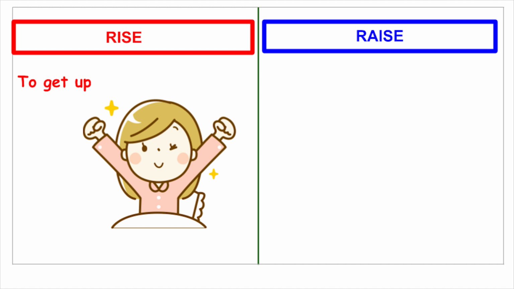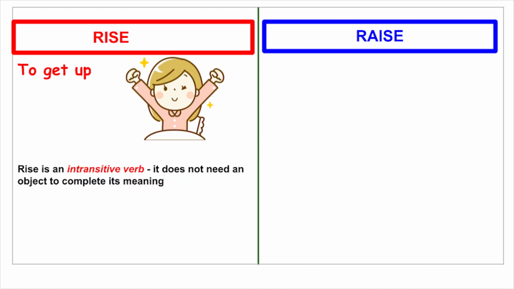Rise means to get up. It is an intransitive verb, which means it does not need an object to complete its meaning. It may, however, have an adverbial phrase or a prepositional phrase. An object usually asks the question whom or what. For example, I rise.